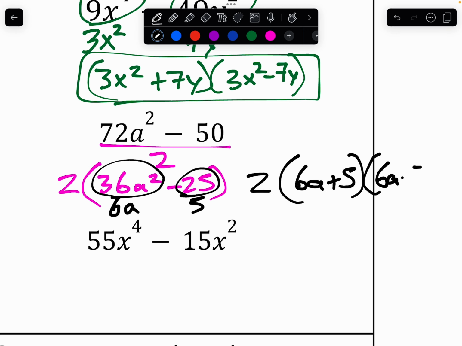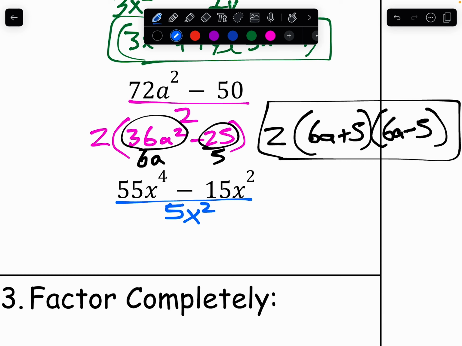All right. And so the last one on that section, same deal as the one before. GCF first. So we have both of those divide by 5, and they both have x, specifically x squared. Okay?